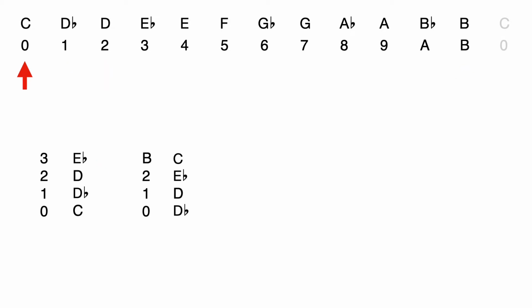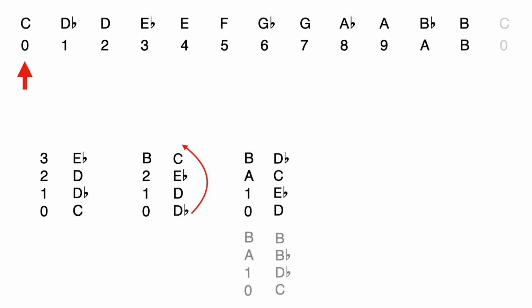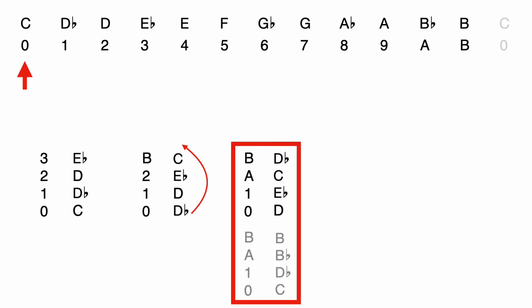We can do this process again, taking D flat, putting it up to the soprano, and then we have 0, 1, A, B, or D, E flat, C, D flat. Again, we can look at 0 as a C, and we can see that this is transposed, so it's the same structure. And so now we have the second inversion of 0, 1, 2, 3, which turns out to be 0, 1, A, B.